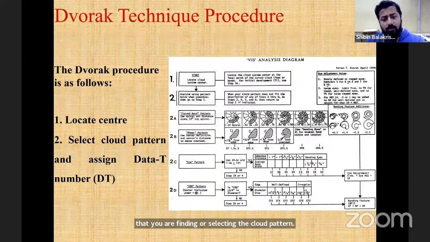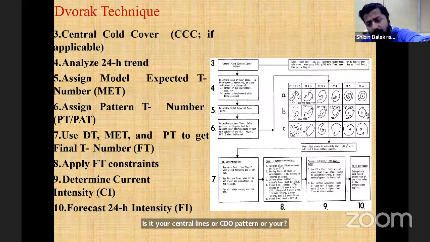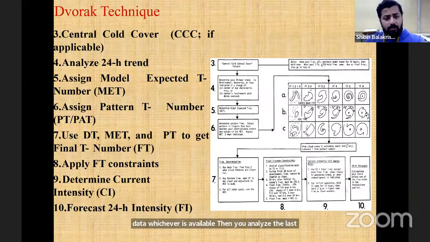Does it come under your curved band pattern, or is it your shear pattern? Is it your central dense overcast or CDO pattern, or your eye pattern? Followed by that, you apply your central cold cover area, whichever is available. Then you analyze the last 24-hour trend of that particular product, assigning your model expected T number.